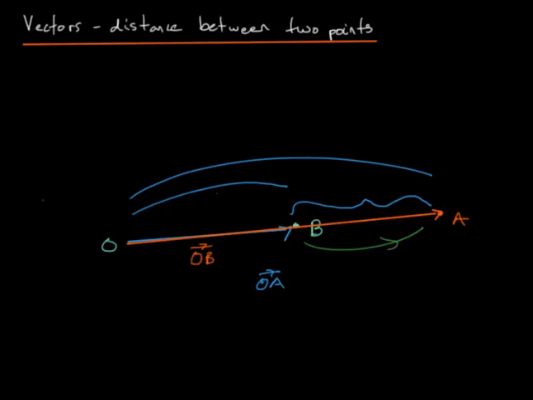So if we do this minus this, it would make sense that we would get from B to A, right?